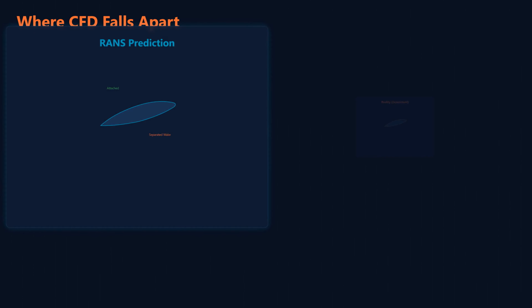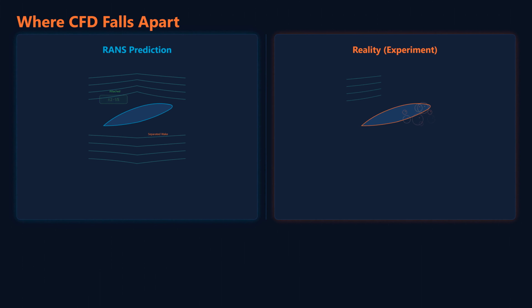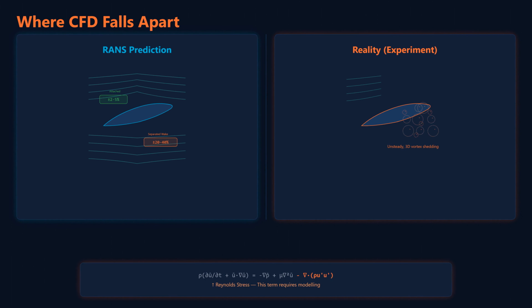Now, here's where it gets complicated. Every turbulence CFD simulation relies on a turbulence model, and every turbulence model is wrong. The question is how wrong. RANS models like k-omega SST solve averaged equations. They don't capture individual eddies. For attached flows and mild pressure gradients, drag predictions land within 2 to 5%.